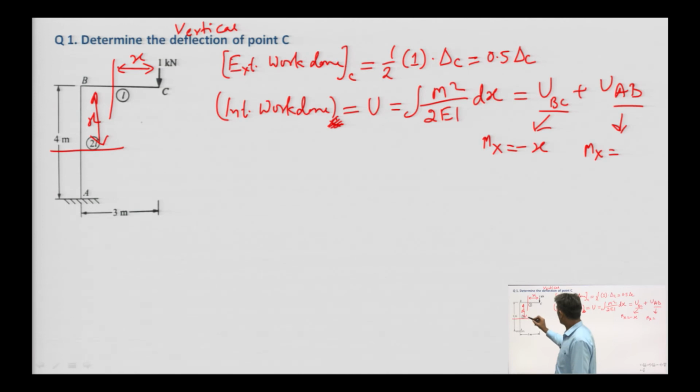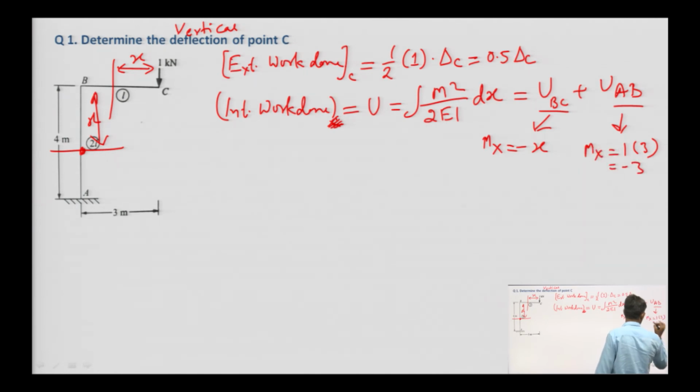The bending moment at this point is 1 into the perpendicular distance, which is 3 always, and it is also clockwise. So, take it as minus 3. Mx is equal to minus 3 always from point B to A.